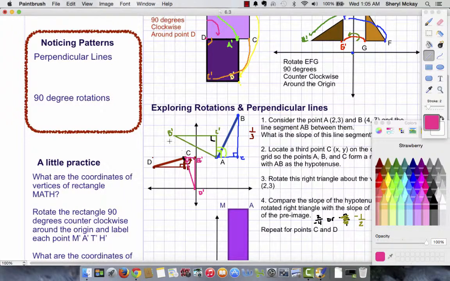So now, we've already said that the slope of the hypotenuse of C to D was 1/3. Now let's look at the slope of C to D prime. What is the slope of C to D prime? Take a minute, figure it out for me, please.